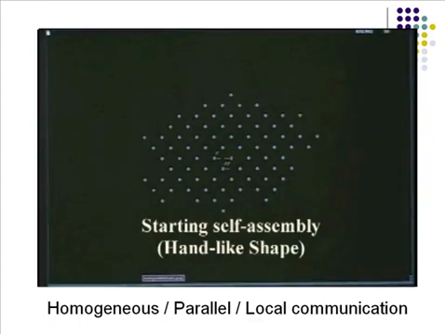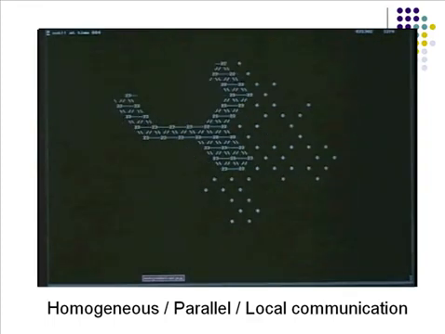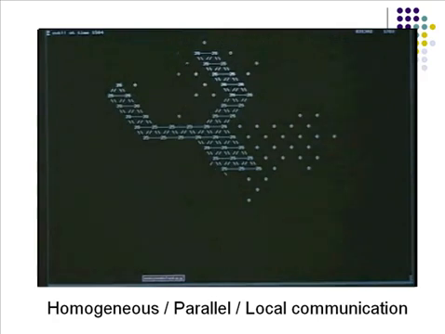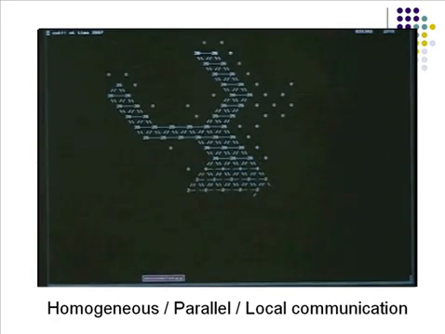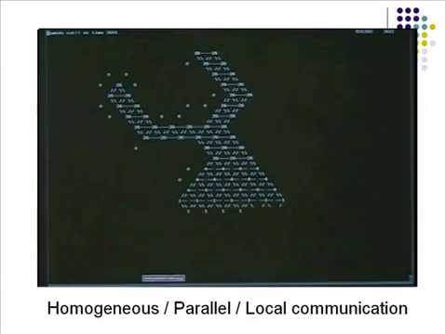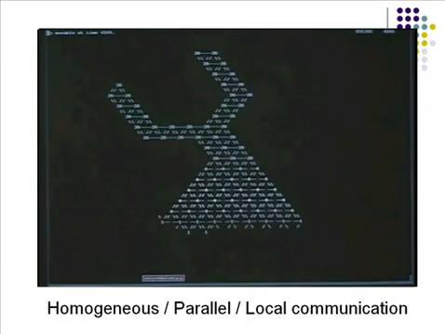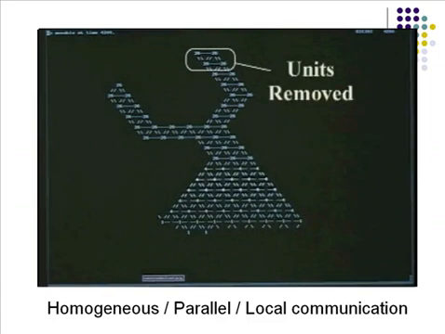But we assume the same constraints on our design of the program. It must be homogeneous, so all the units must be driven by the identical program. And it must be executed in parallel. And we allow only local communication.